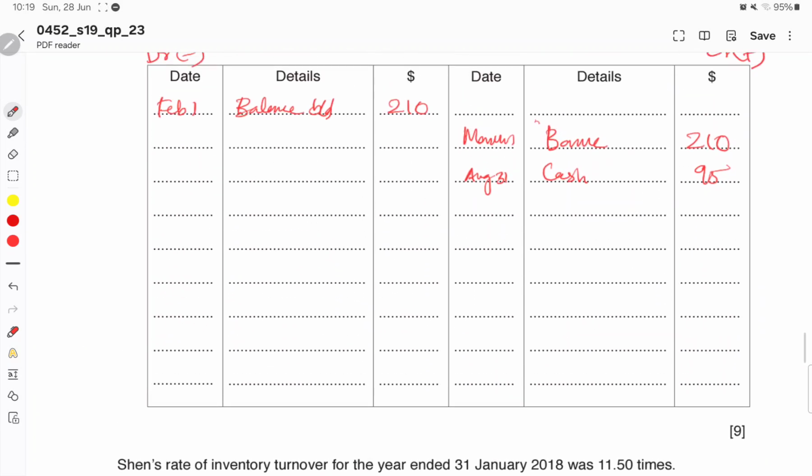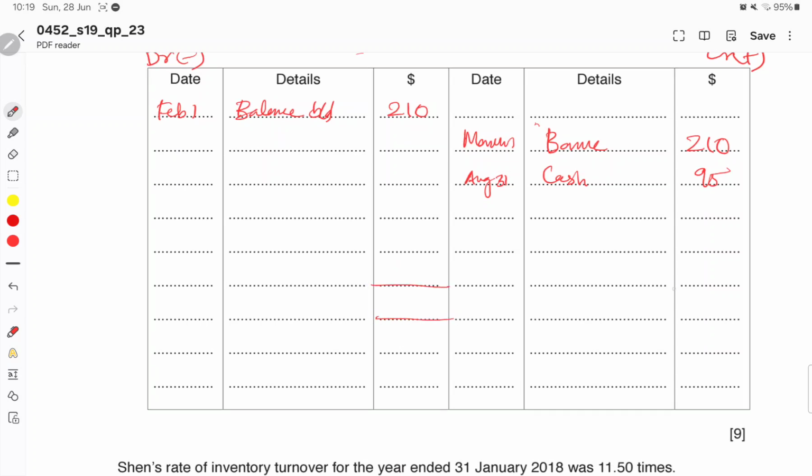I'm writing here balance brought down, and balance carried down opposite to this, okay? Before the total, balance carried down, the amount was $114. This date will be next year, February 2019. This will be January 31st. So this is a debit balance account. That's why accrued commission is a current asset, and that's why it is in the debit side.